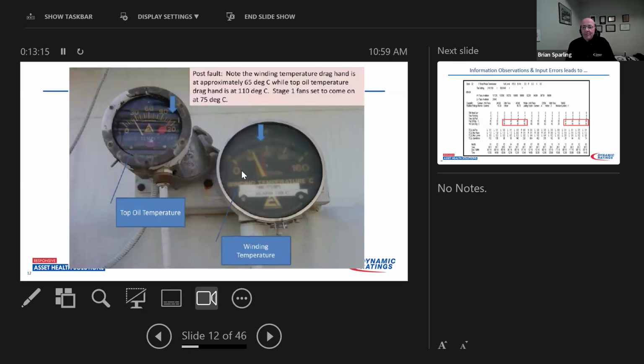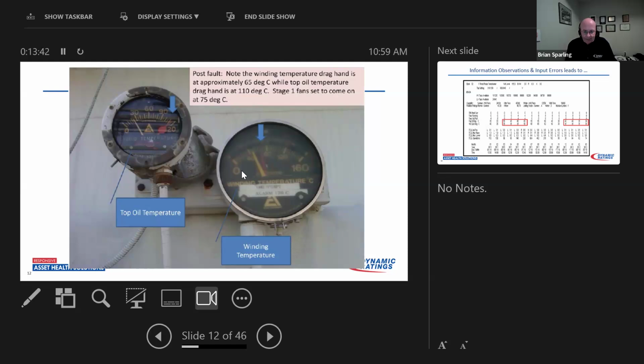This was from a published paper from a utility in the States on a distribution substation transformer. The winding temperature drag hand is approximately 65 degrees C. That's the red arrow. While the top oil temperature drag hand on the left is at 110. Stage 1 fans were set to come on at 75 degrees C, and they were controlled by the winding temperature indicator.